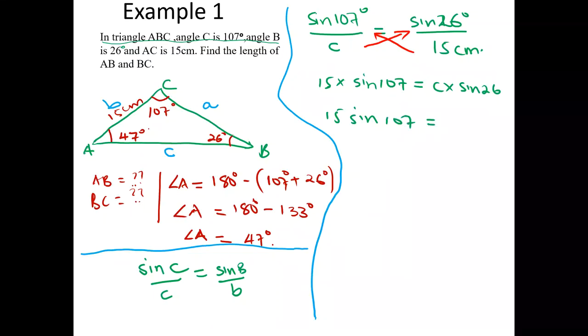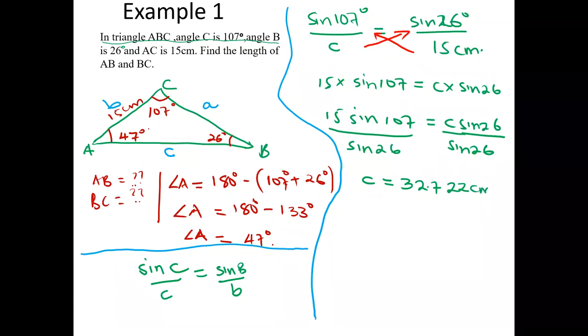Here you can divide by sine 26 on both sides to make c the subject of the formula. Then c is equal to 32.72 centimeters.